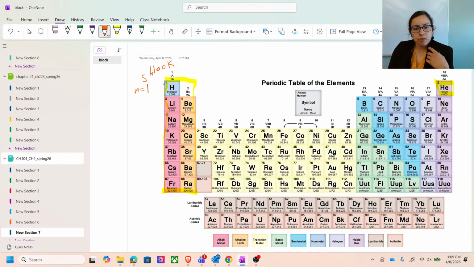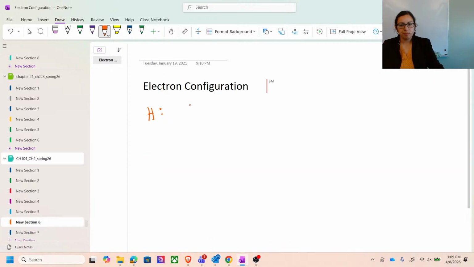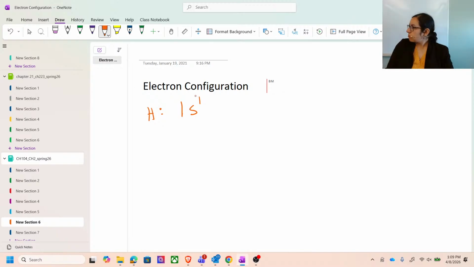For our electron configuration, we should have 1 electron for neutral hydrogen, so that's going to be 1s1. Again, this is for neutral, and we have 1 proton in hydrogen, so I expect there to be 1 electron, for neutral hydrogen as shown.